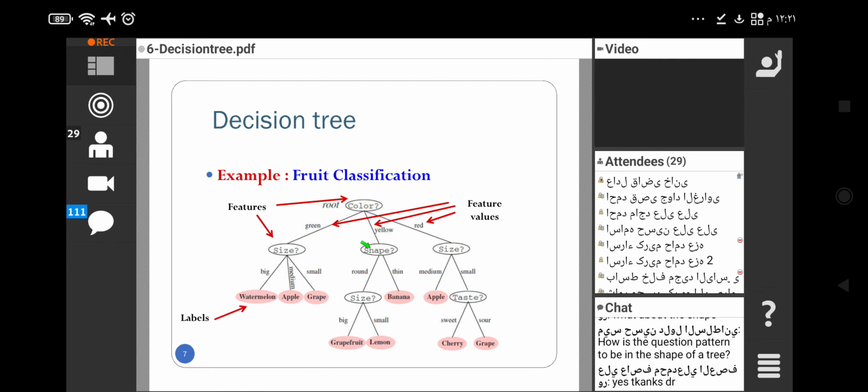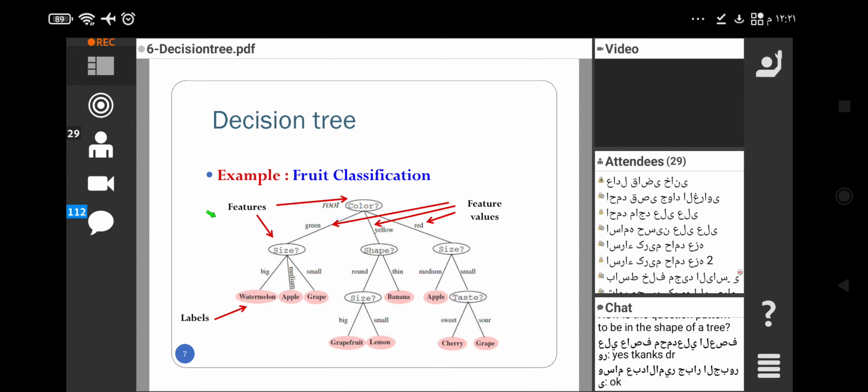In this slide, it says that in the decision tree, the nodes that are not the final node, we call these nodes the internal nodes. The internal nodes have some features in them.